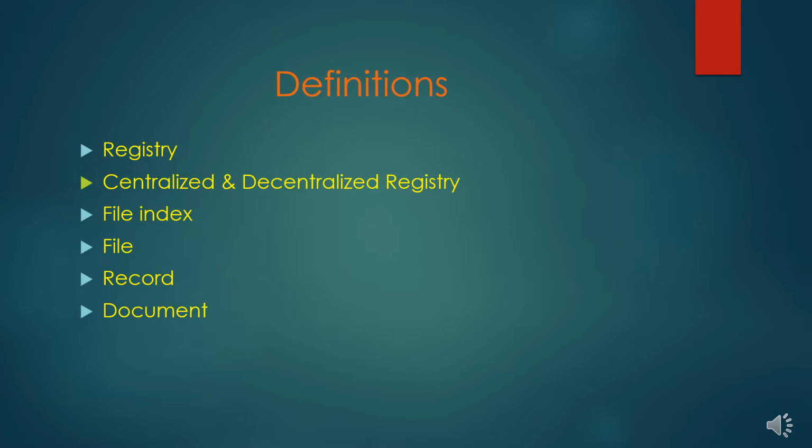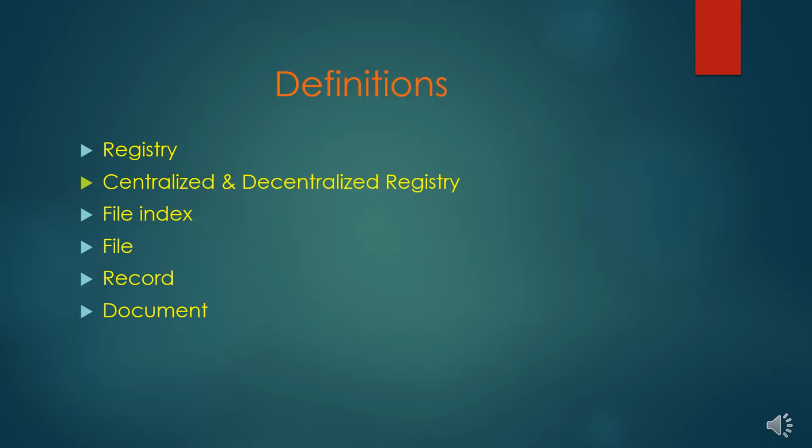Now let us look at a university that has different faculties, and also a company whereby all the operations of that company are under one building. Starting with the centralized registry, we look at the company whereby the operations are under one building.